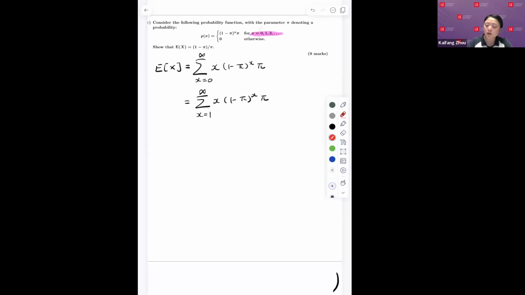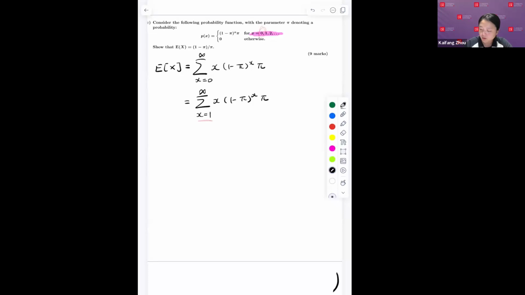When we calculate the summation, we eliminate the case when x equals 0, because when x equals 0, the whole thing is equal to 0. So our summation starts from 1. The next approach we're going to use is a change of variable to rewrite this summation starting from 0.